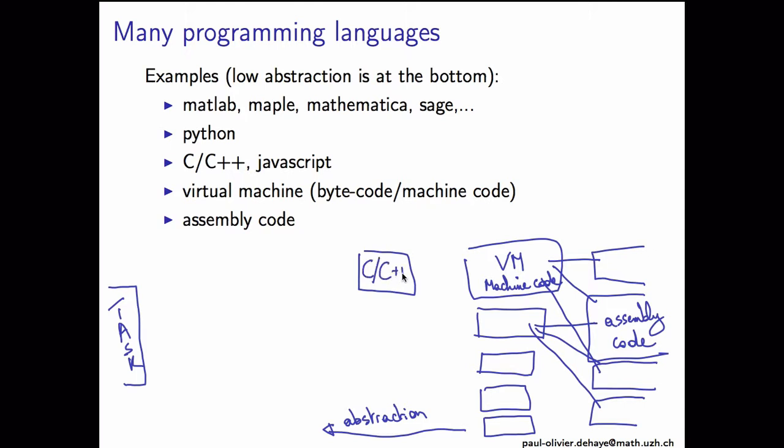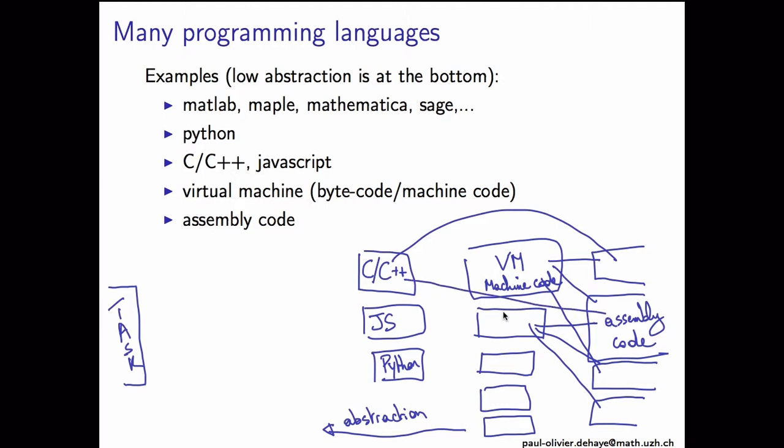Okay, so another layer of abstraction on top is the general purpose programming languages. So C, C++, or JavaScript, or Python. Now we'll see this a bit later, but there is an automated translation of C, C++ to a variety of assembly codes, and this requires different compilers like GCC.